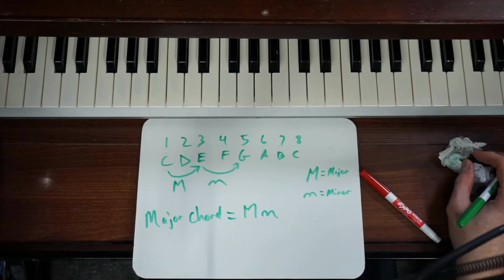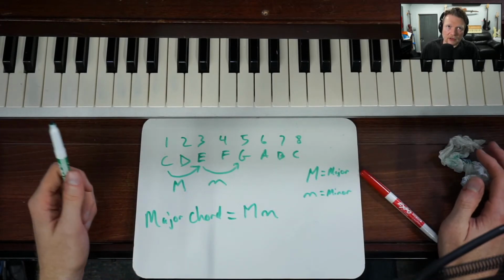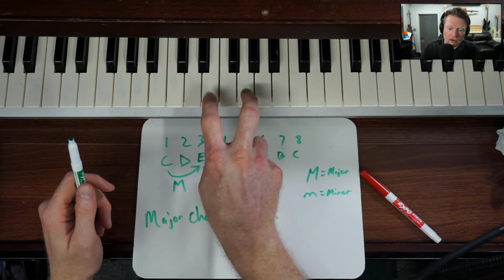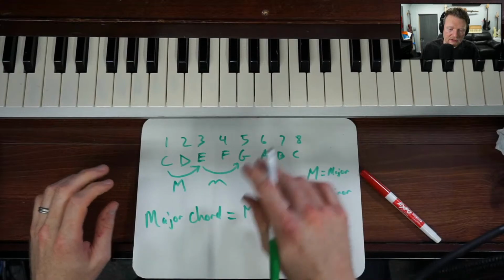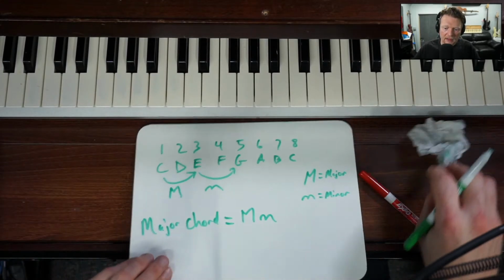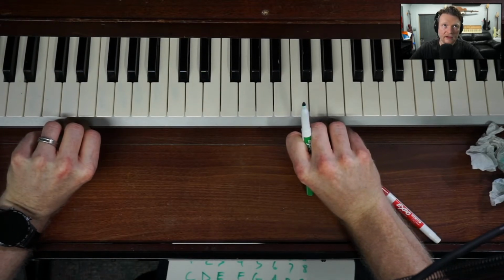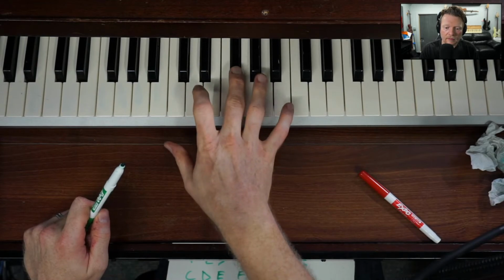You just have to be able to play and see major thirds and minor thirds really quickly, whatever instrument you're on, guitar or piano. Just identify what they are as you go. So I'm going to do one more example. I'm not even going to write it out, but let's take a look at the D chord.